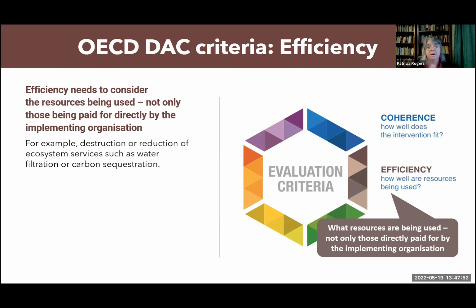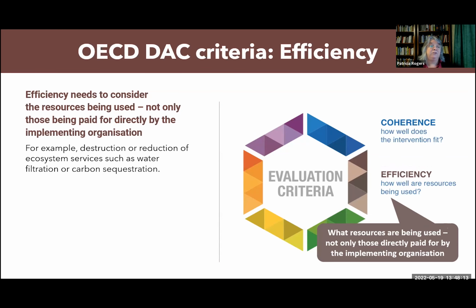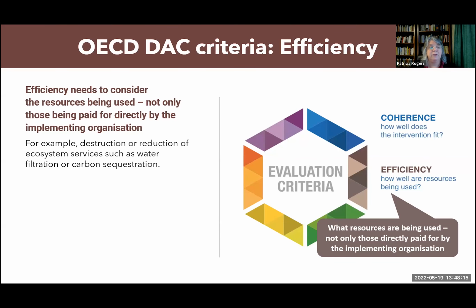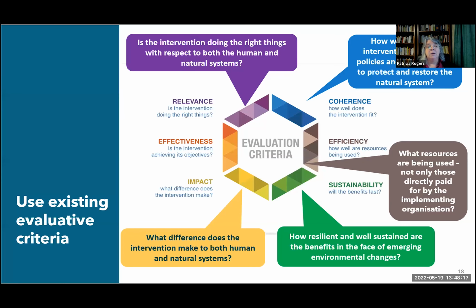And so one of the common mistakes made is that you only count the costs incurred by the implementing organisation. So if the implementing organisation is in fact making messes that other people have to clean up, or that is reducing their quality of life, that's often not counted. So I think efficiency, again, is somewhere where you have a legitimate role to put environment on the agenda.